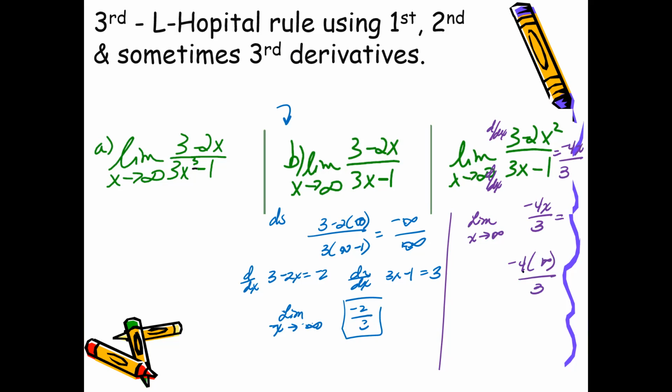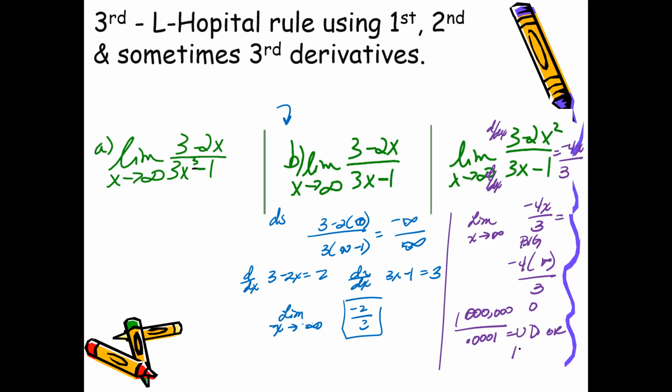4 times infinity is going to be a really, really big number. And as we go further and further along, 3 essentially becomes a very small number. So eventually what's going to end up happening is you'll just have this over 0, in which case it will be undefined. Or if you think about it, if you have a really big number such as 1,000,000 divided by a very small number, like this 3 is going to get smaller and smaller, so let's say divided by 0.001, what's going to happen?